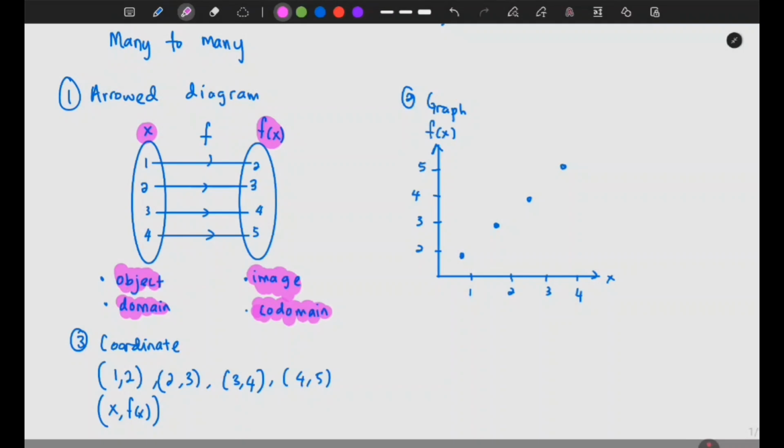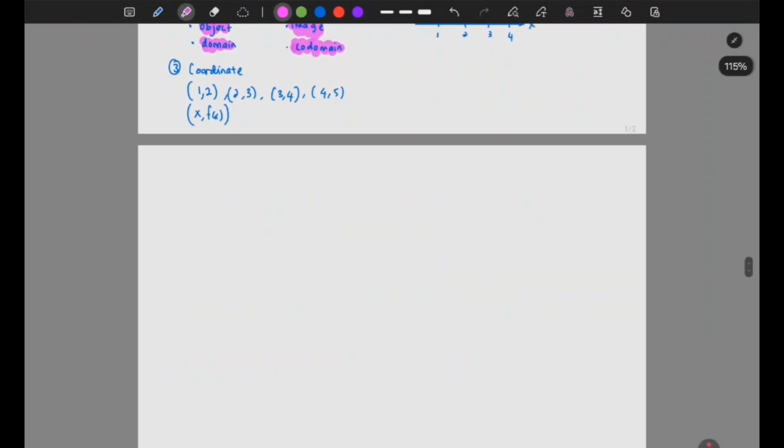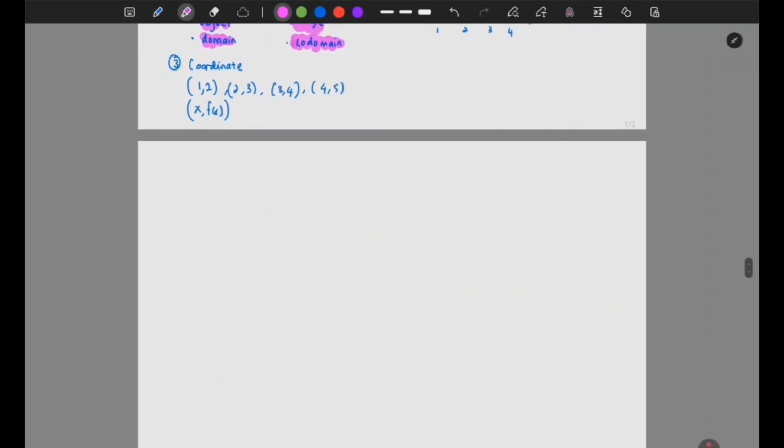And next, this thing is very important. You need to know how to identify a domain, codomain, and which I haven't talked about yet, which is called range.